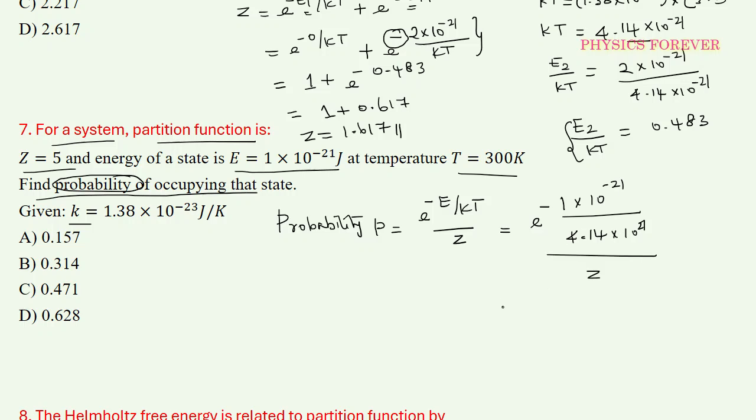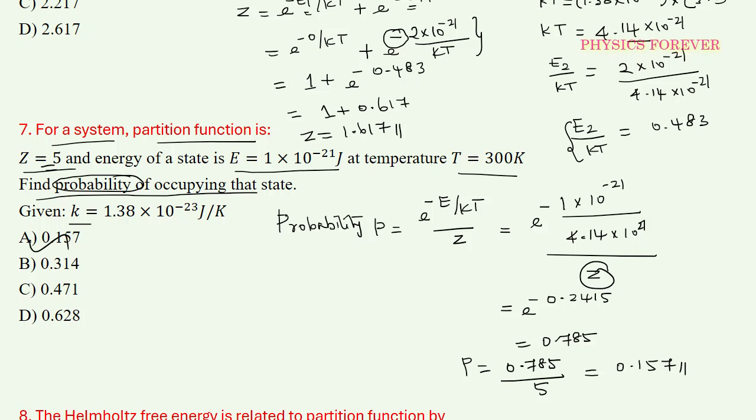Then e power minus 0.2415, this value is approximately 0.785. For the probability, we take 0.785 and divide by Z, which is 5, and we get 0.157. So option A is correct.